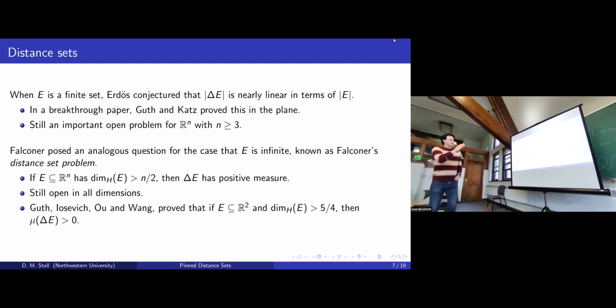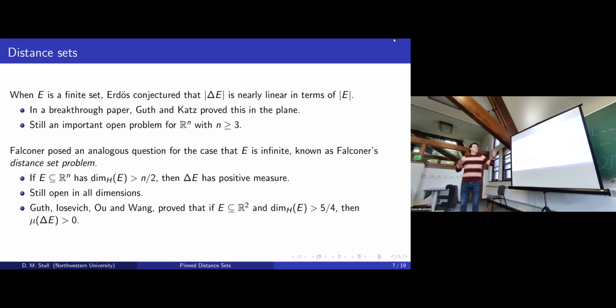So for finite sets, this is a really famous old problem by Erdős, who conjectured that the size of the distance set is nearly linear in terms of the size of E. A pretty recent breakthrough paper by Guth and Katz proved this in the plane.